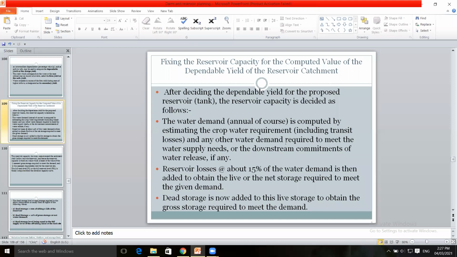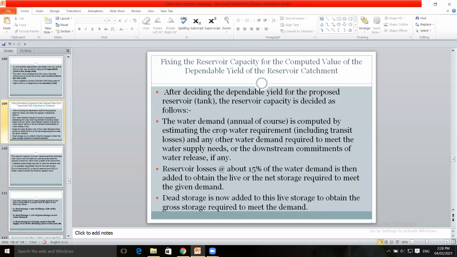By knowing the crop water requirement, and the water required for domestic use, for cities or towns or for industries, the amount of water required is determined, and depending upon the downstream commitments of the water release, how much quantity of water is to be supplied, at what time and for what duration.